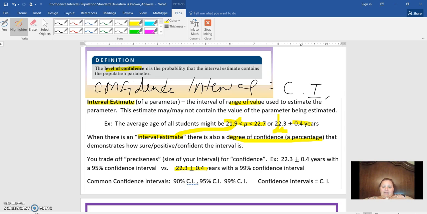Or you could say it's 19.8, give or take 0.1 years, and I'm 90% confident. The common confidence levels are 90, 95, and 99. We're going to use them all the time, so you'll eventually just memorize them.